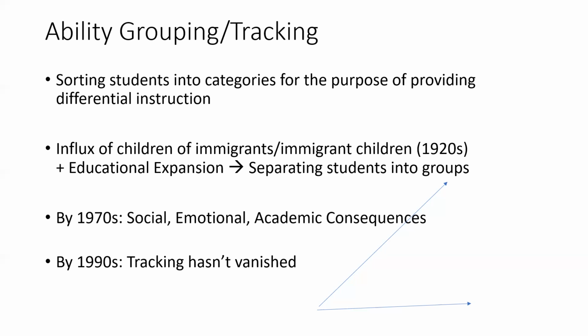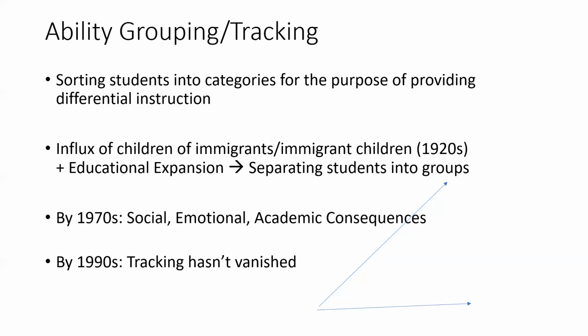Now, this was pretty widespread, and people were researching the consequences of being assigned to particular tracks. And by the 1970s, there was ample research showing very real and statistically significant consequences that were associated with students being placed in particular tracks, ability groupings.